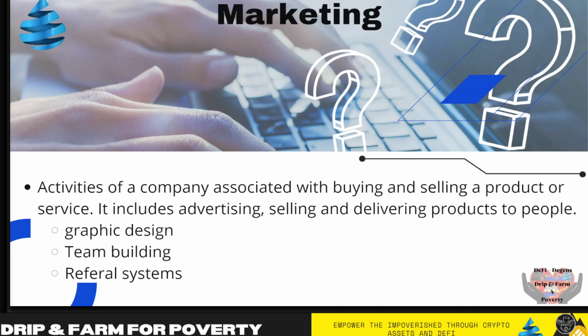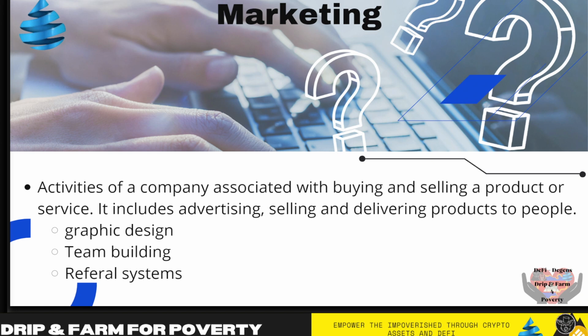Next, we have marketing. Marketing comprises the activities of a company associated with buying and selling a product or service. It includes advertising, selling, and delivering products to people. So within the Drip ecosystem, we specifically have the team building and the referral system. This is built into multiple areas of the Drip ecosystem, also on the Animal Farm.